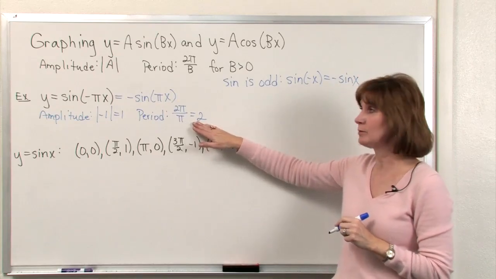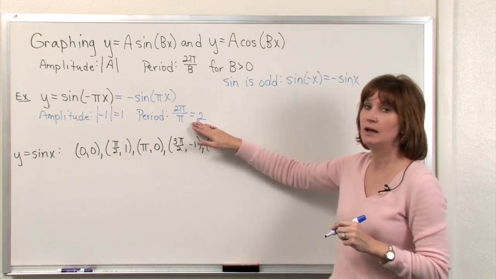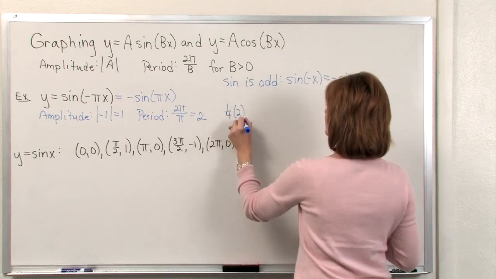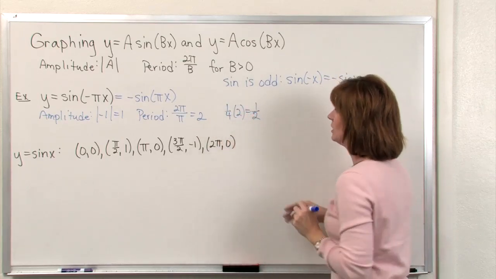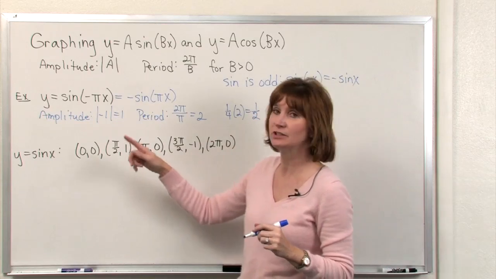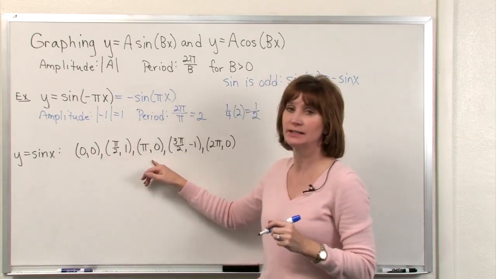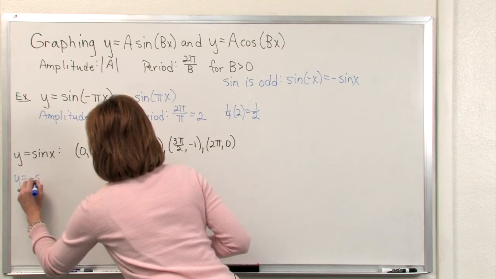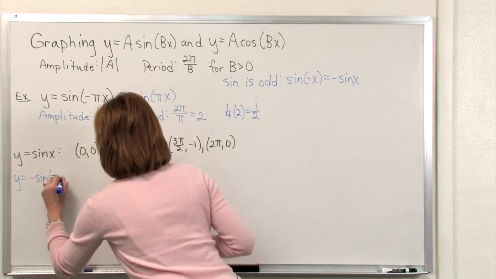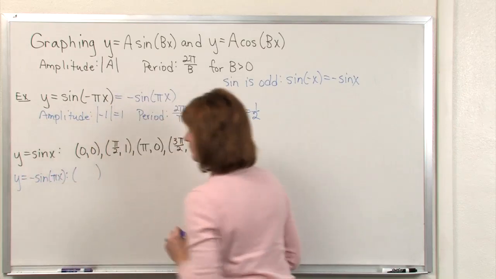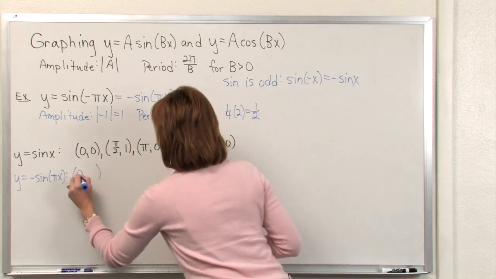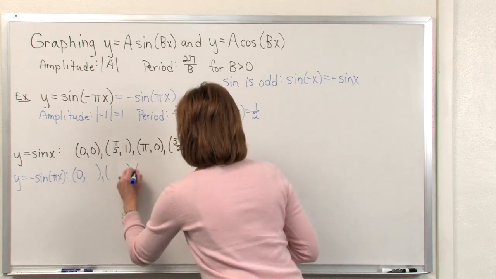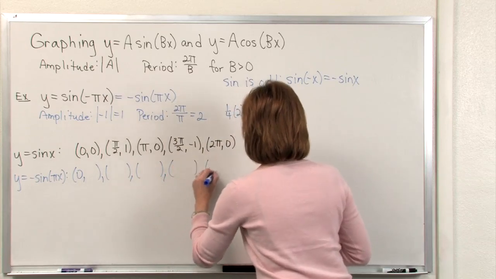Now we want to get the quarter points for this function. We need to get 1/4 of the period to figure out the interval between the quarter points, which will be a half. So we're going to be adding a half to each of our x coordinates to get the x coordinates for y equals negative sine pi x. The first x coordinate will stay 0. Let's just do the x coordinates first, and then we'll come back and do the y coordinates.